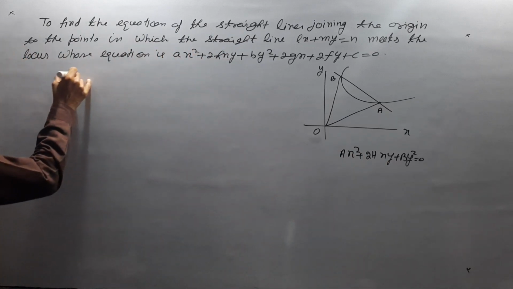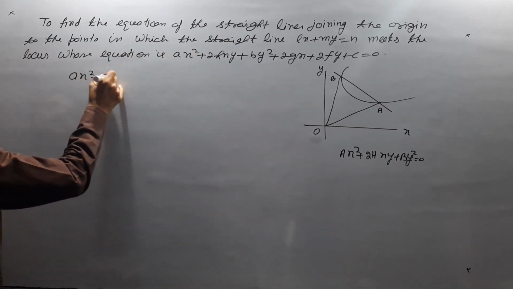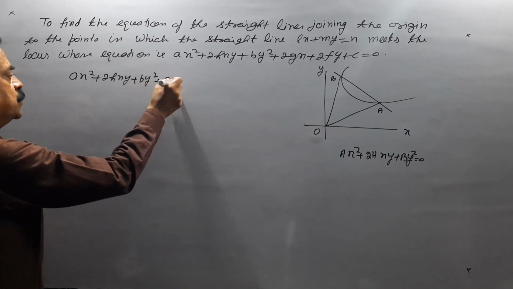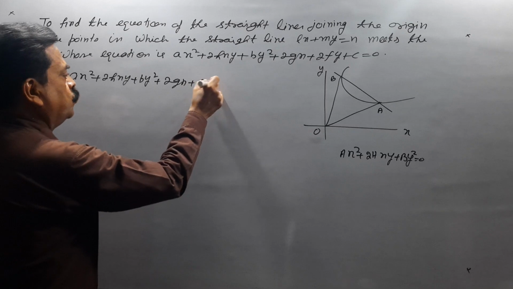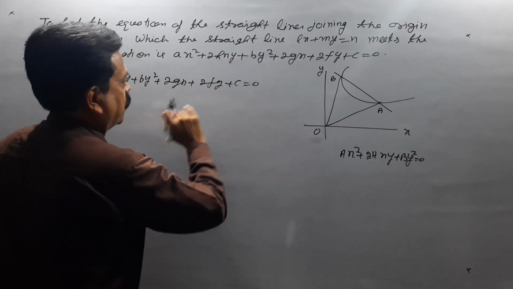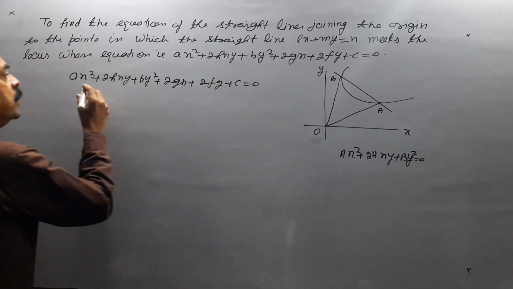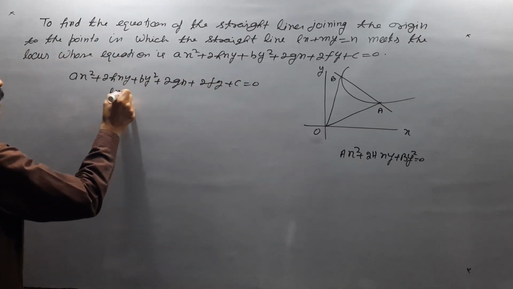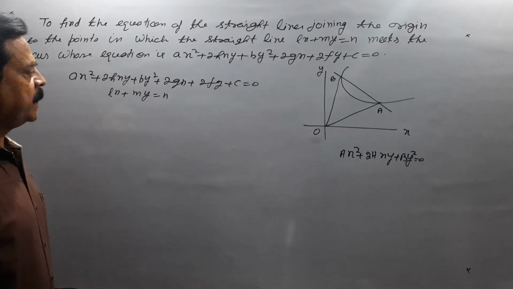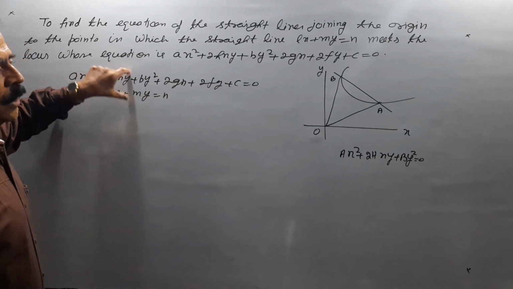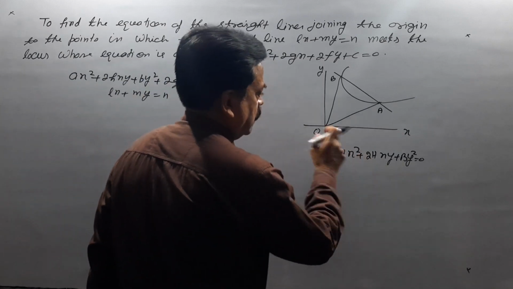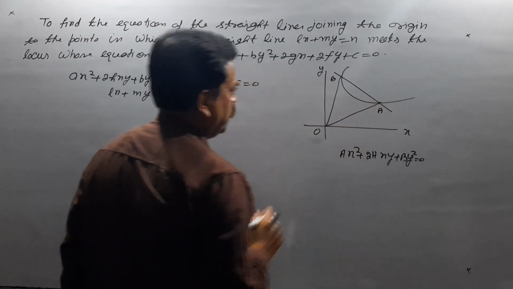So ax square plus 2hxy plus by square plus 2gx plus 2fy plus c equals to 0 is the equation of the curve or the locus of a point, and Lx plus my equals n is a straight line. So from these two equations we have to find an equation like this which will represent the OA and OB lines.